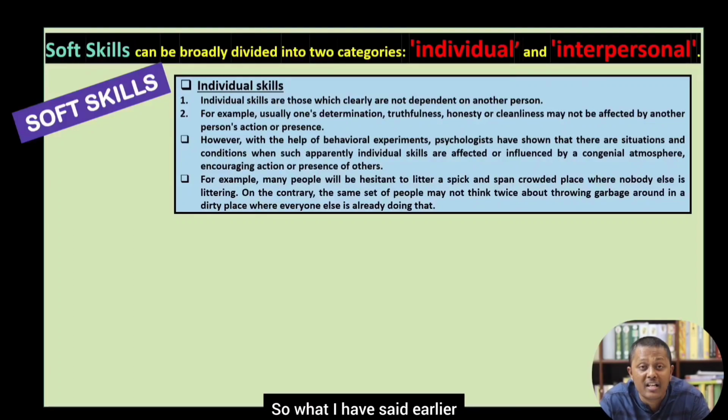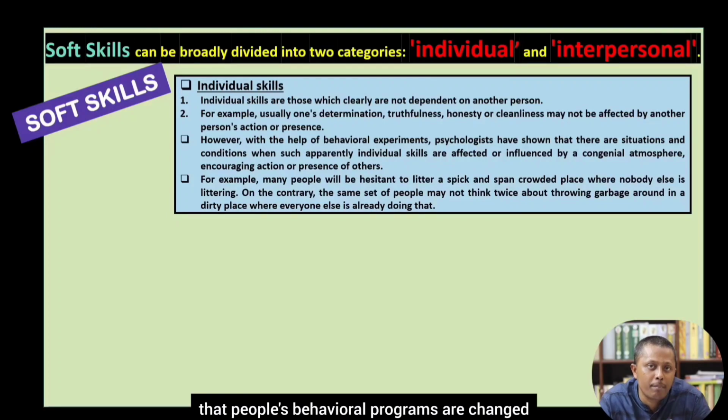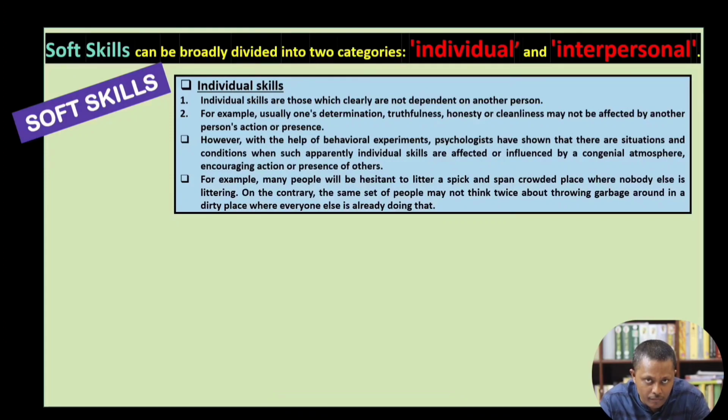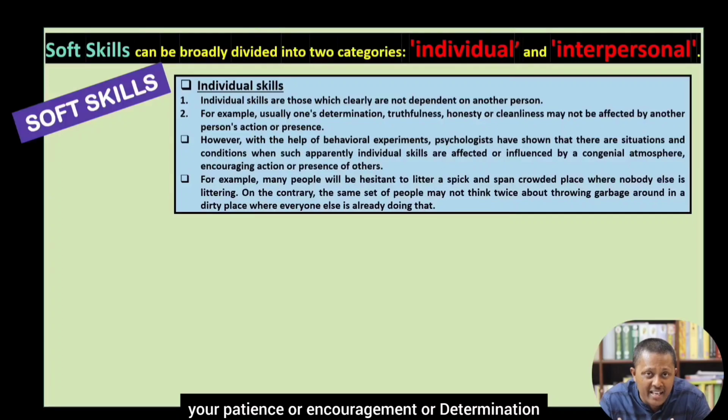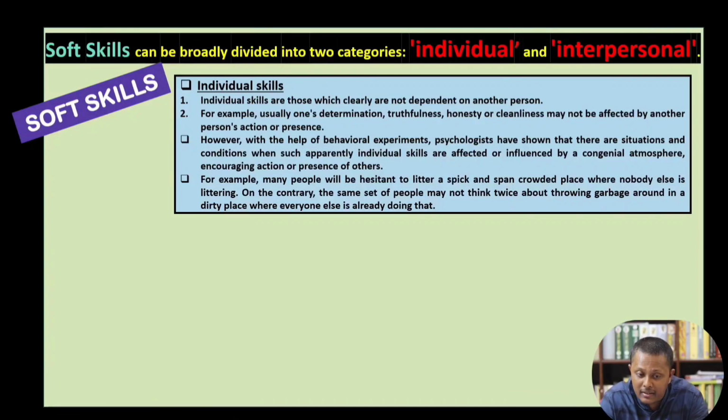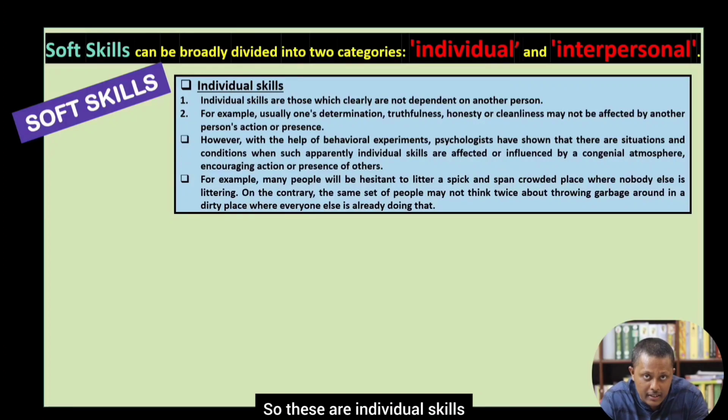So, as I said earlier, people's behavioral patterns are changed due to certain examples. Soft skills, therefore, such as your patience or encouragement or determination, may be changed because people are influenced by these. So these are individual skills that one individual possesses.